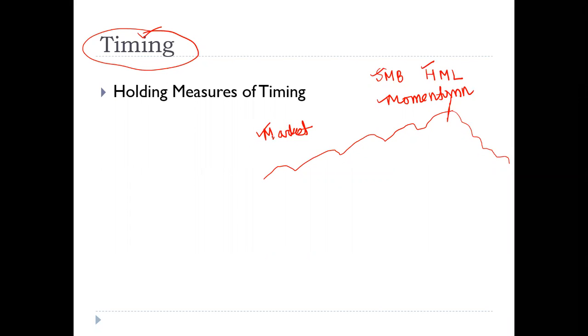So in that condition, if you want to time the market, your expected strategy is to increase the beta when the market is expected to outperform, and you want to reduce your beta when the market is expected to underperform.